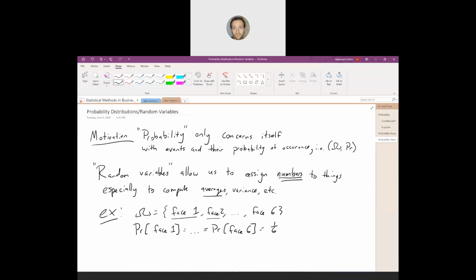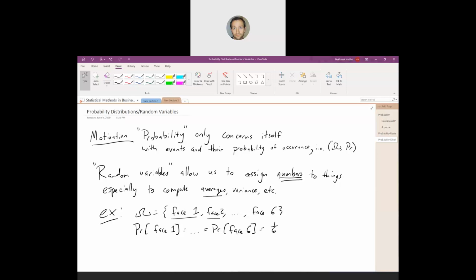So the fact that I'm calling it face 1, I'm using the word face in particular because that makes it not a number. Face 1 is not a number. It's a sequence of letters. You can't subtract face 1 from face 2. It's like trying to subtract chair from desk. I mean, it's just nonsense.